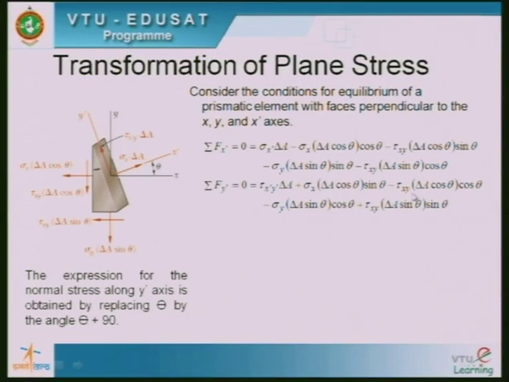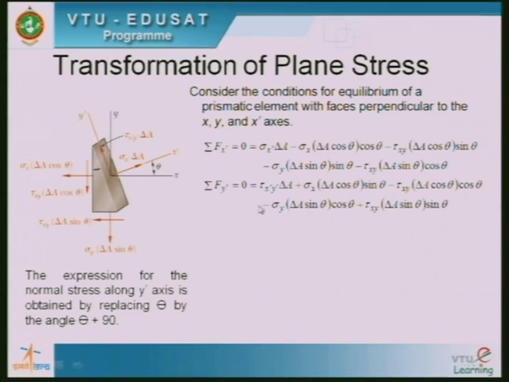Then the tau xy delta a cos theta, this force I have to resolve parallel to this. When I resolve it, I get it to be acting in the opposite sense as this. So I get minus tau xy delta a cos theta into cos theta.